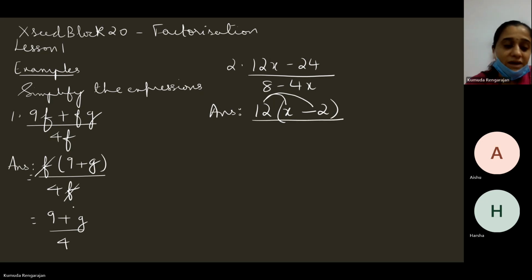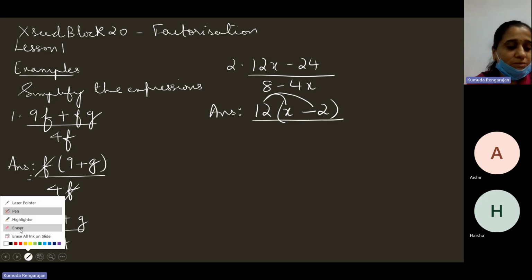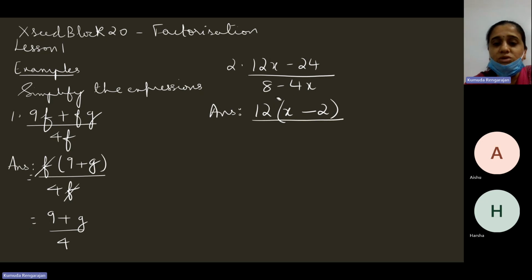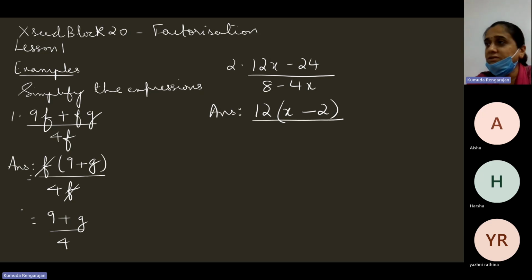Divided by, in the denominator, we have two terms, 8 and 4x. What's common between 8 and 4x? 4 is the HCF. 4 into what is 8? 2. Then 4 into what is minus 4x? Minus x.